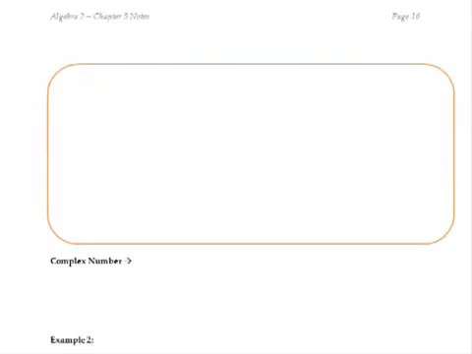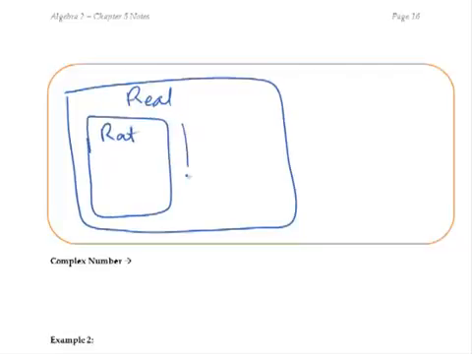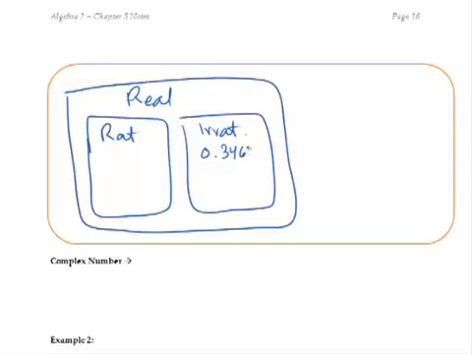Think back to some of the other numbers that we know. You remember that we talked about the real numbers before, and we broke that up into the rational and the irrational numbers. Remember, the irrationals were the ones that had no repeating pattern: decimals that went on and on forever, or square roots of non-perfect squares, or things like pi.